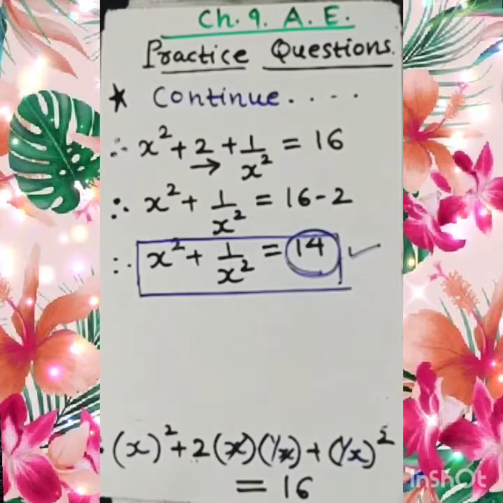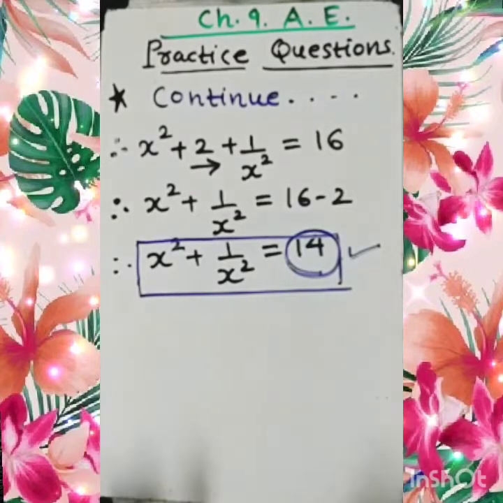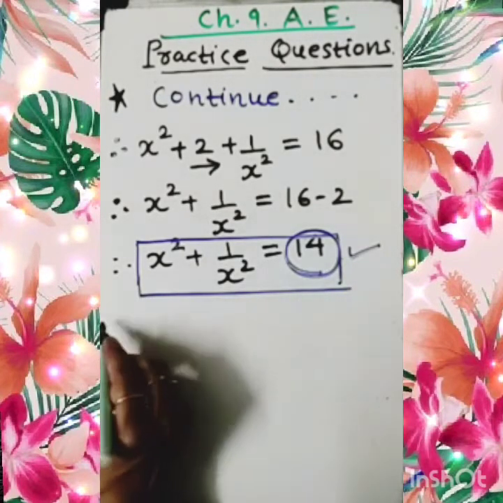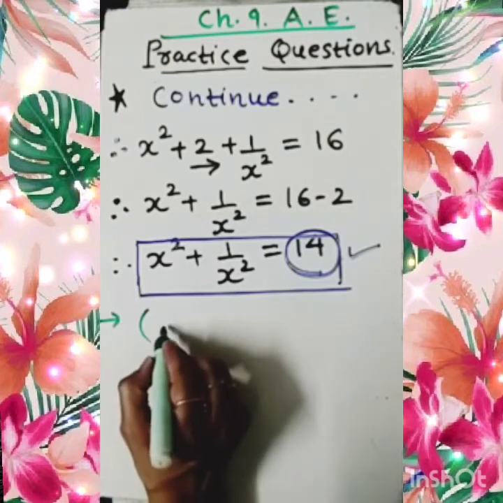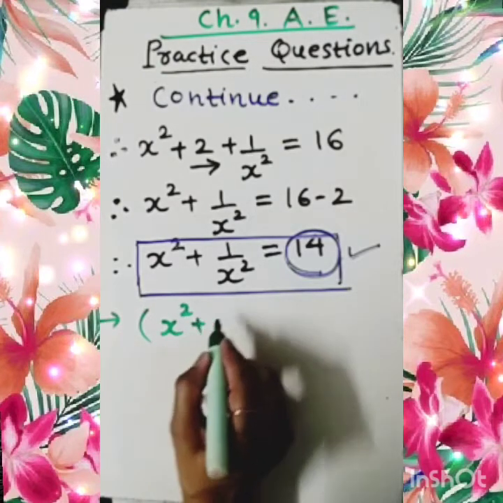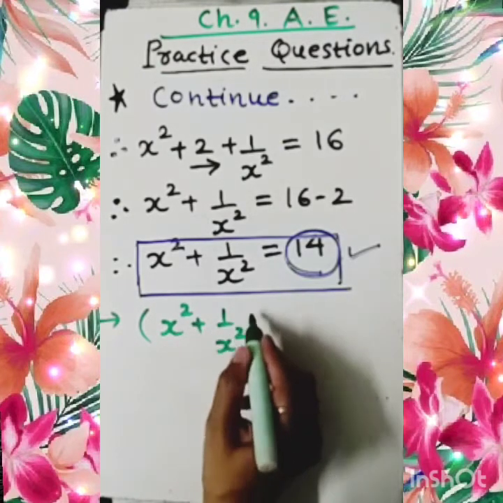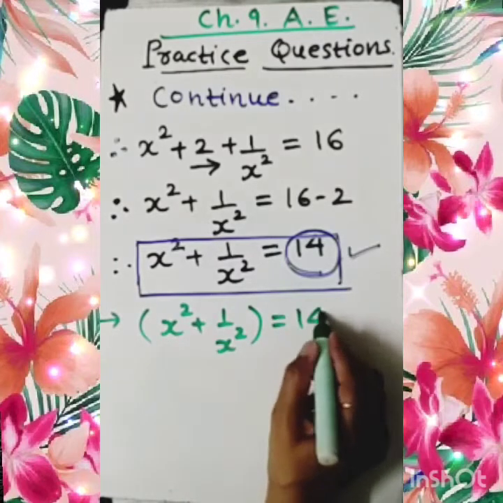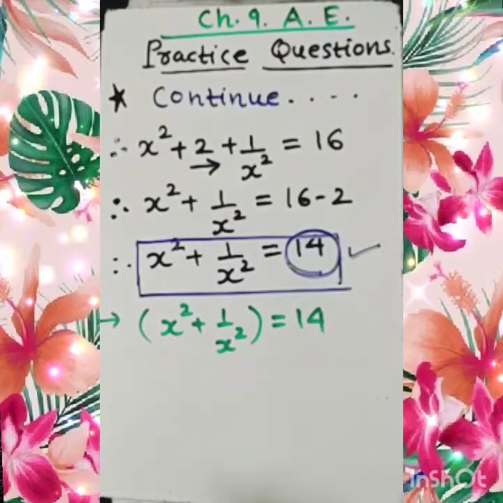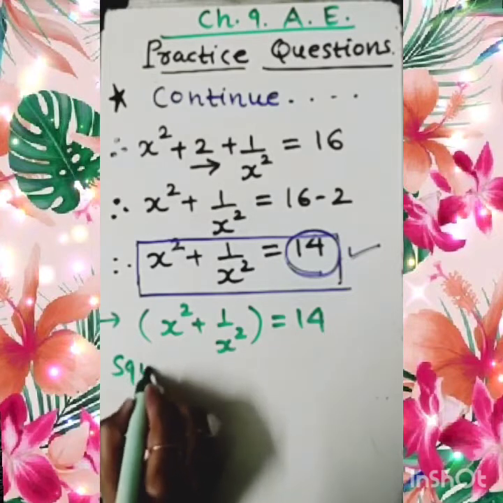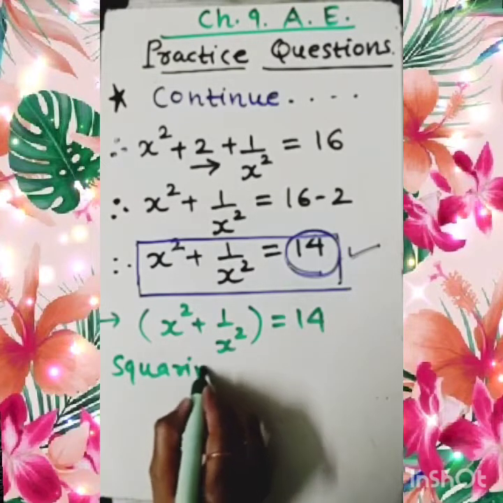Now how do we get the second result? For that, with the first result, we square both the sides. We have the first result with us: x square plus 1 upon x square equals 14. Now I am going to square both the sides as we did in the first part.